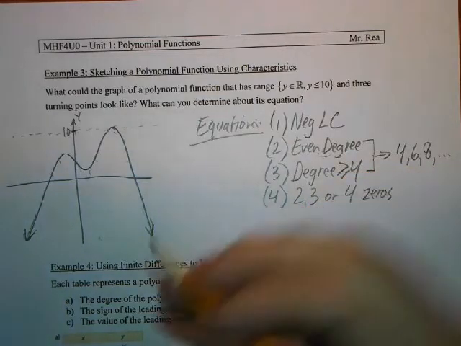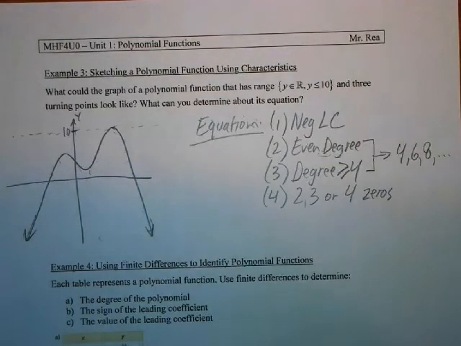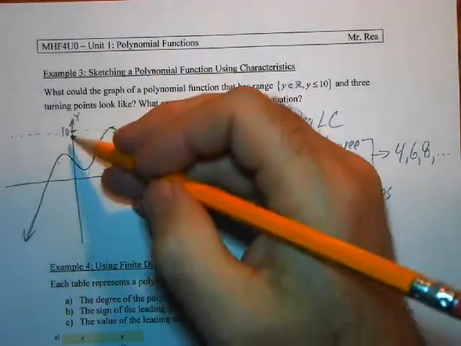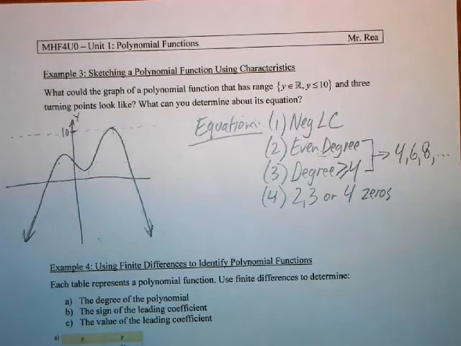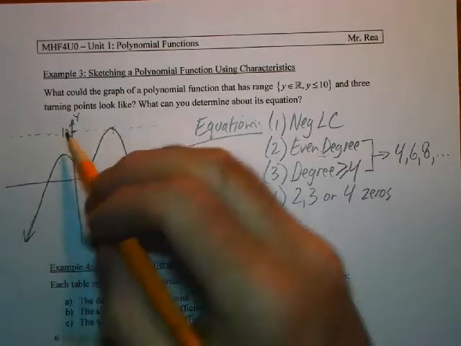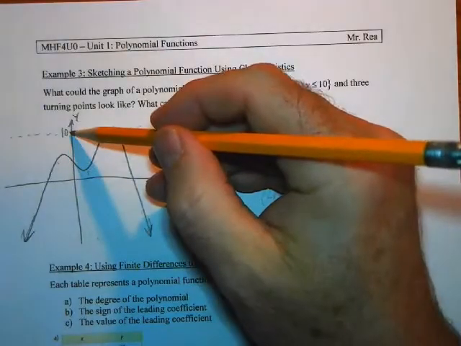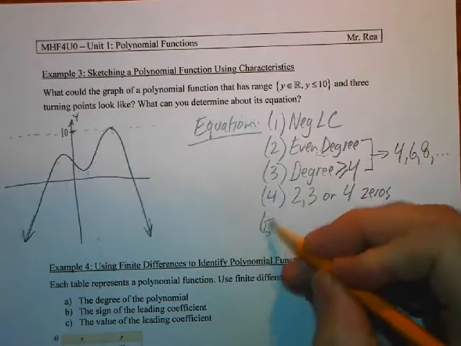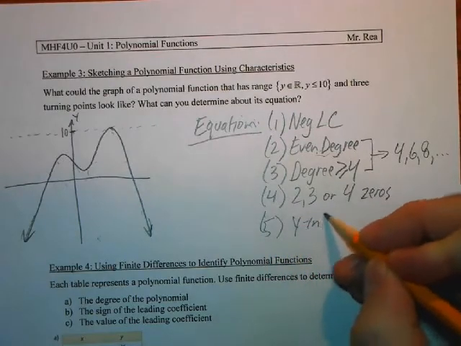And do we know anything about the y-intercept? Well, not really. I kind of arbitrarily drew it here. It could have been anywhere below or including y equals 10, because maybe the maximum was right on the y-axis. That's possible. So we do know that the y-intercept is less than or equal to 10.